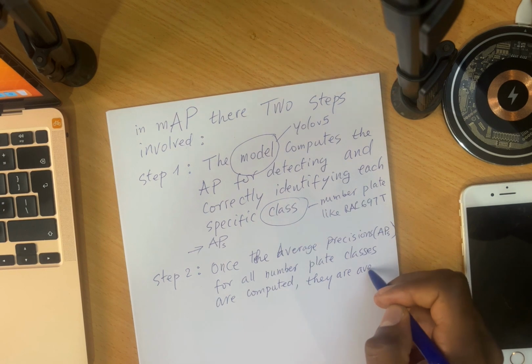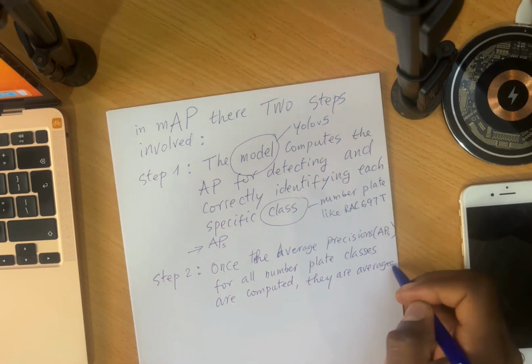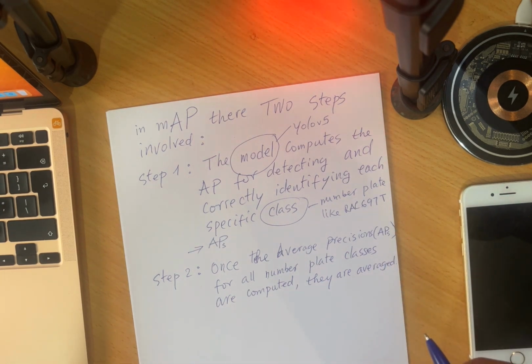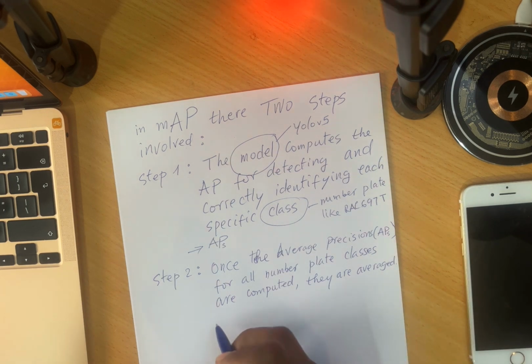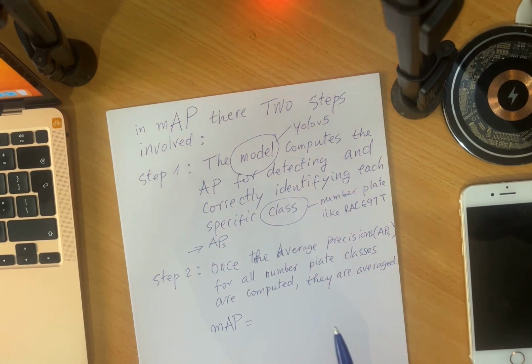What does this mean? It means mAP will be calculated as the average of all specific APs, or average precisions.